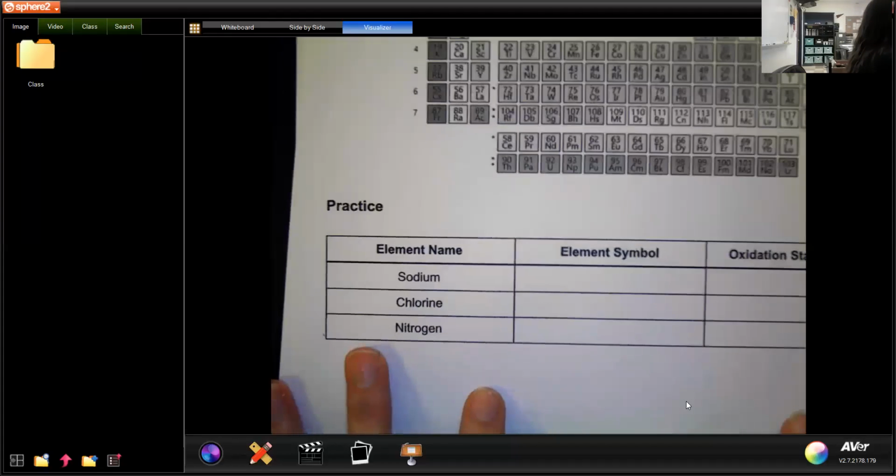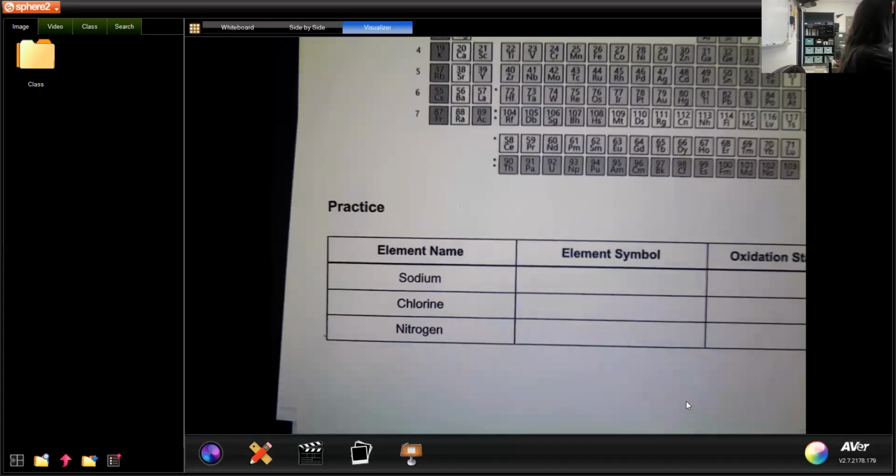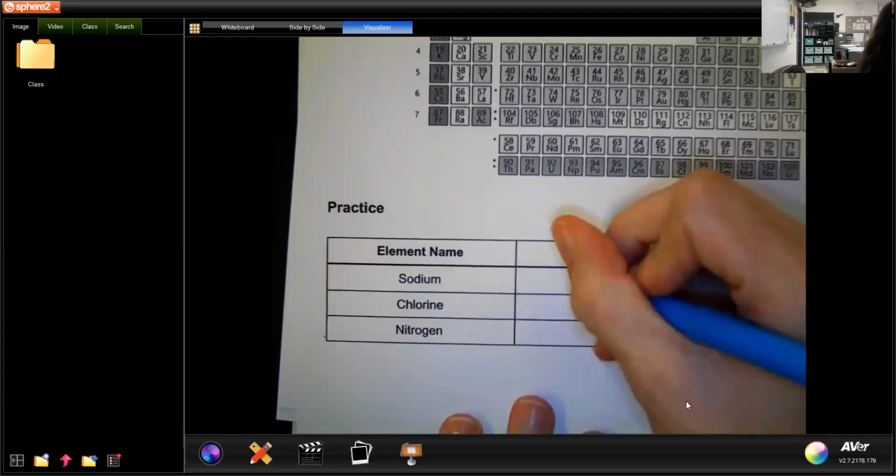Okay, so let's practice. So what this is going to ask us to do is determine what the element symbol is, as well as the oxidation state. So for example, we have sodium. So sodium on the periodic table is in group 1. It's always represented as Na.